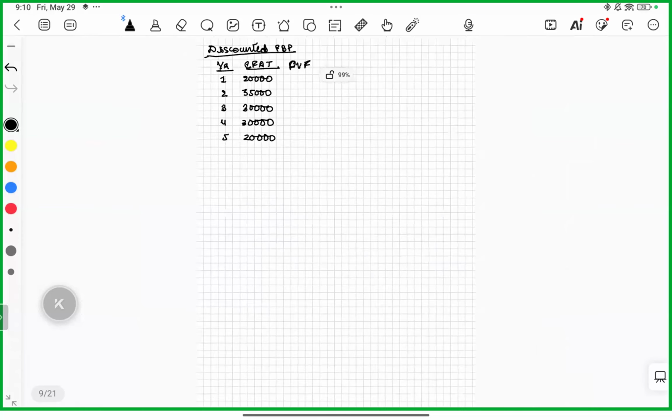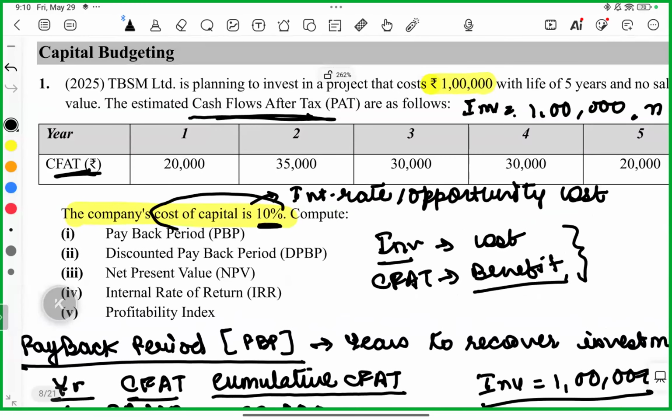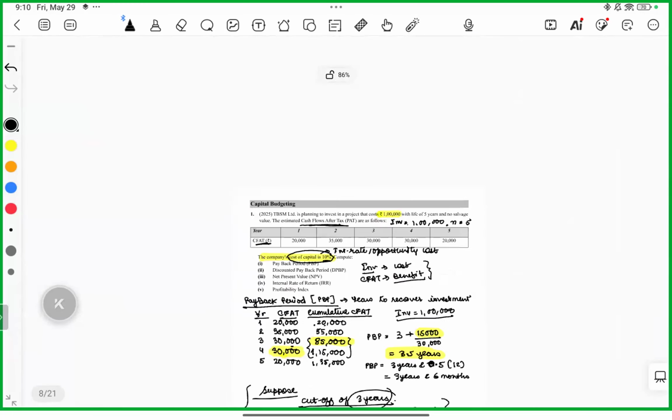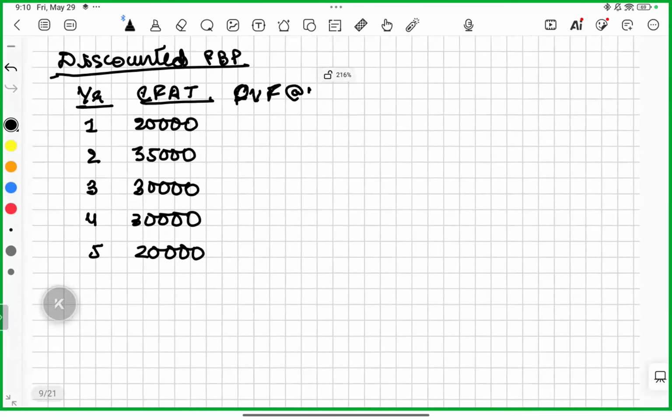Now, if you remember in the question, we are given cost of capital is 10%. It means your discounting factor is 10%, and present value factors you have to find out at 10%. Now see the financial tables, and in the financial tables you see table C, where you are finding the present value of a lump sum of rupee 1.